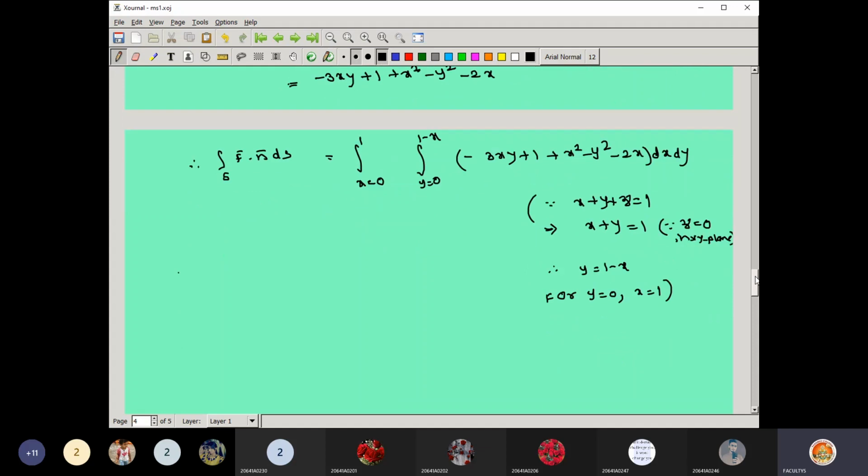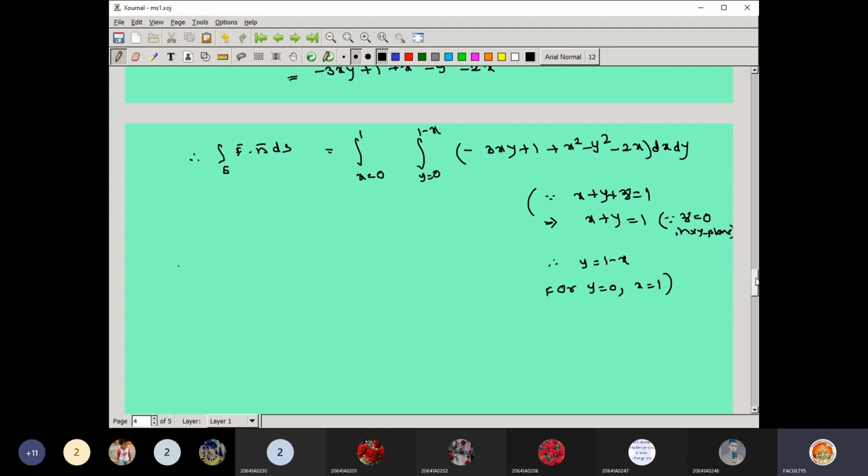Now you do the simplification, the integration. So the x integral you keep as it is, 0 to 1. Do the integration with respect to y. So minus 3x you keep as it is. The y integration is y square by 2, and plus y, so plus x square y, minus y cube by 3, minus 2xy.